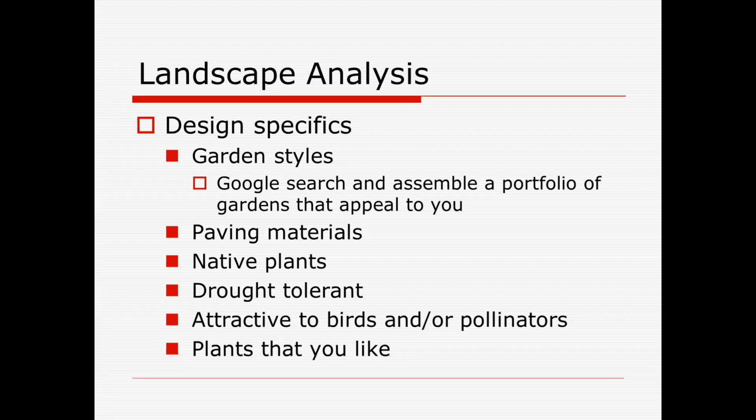And then you'll see so many pictures of front yard patios, and they will appeal to you, and you click on them and you copy them and you paste them into a file. So you end up with a portfolio of gardens, plants, paving, etc., that appeal to you. So instead of going through somebody else's pictures like we did initially, now you will come up with your own pictures.